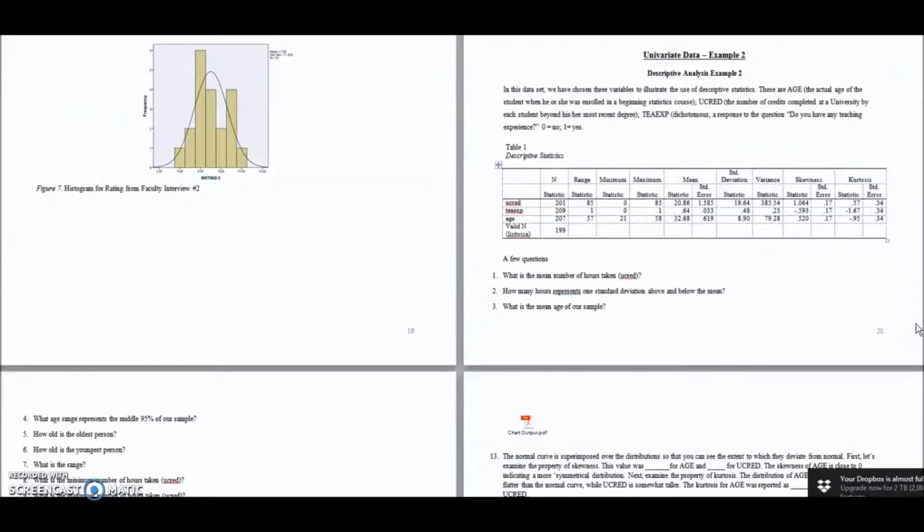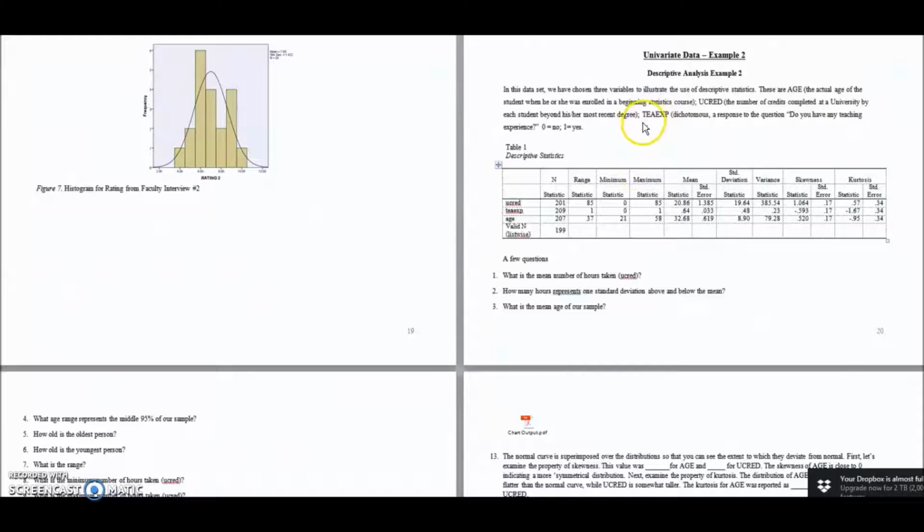When looking at the second example, you can see that we have three variables here. We have the age, that is the actual age of the student when he or she is enrolled in the beginning statistics course. And then we have the number of credits completed at a university by the student beyond his or her most recent degree.